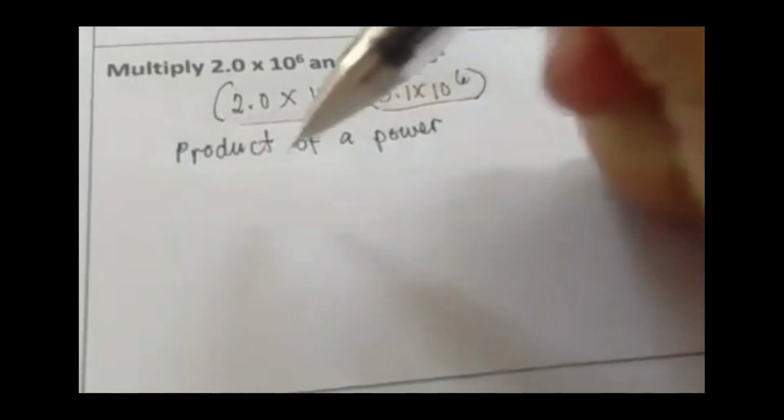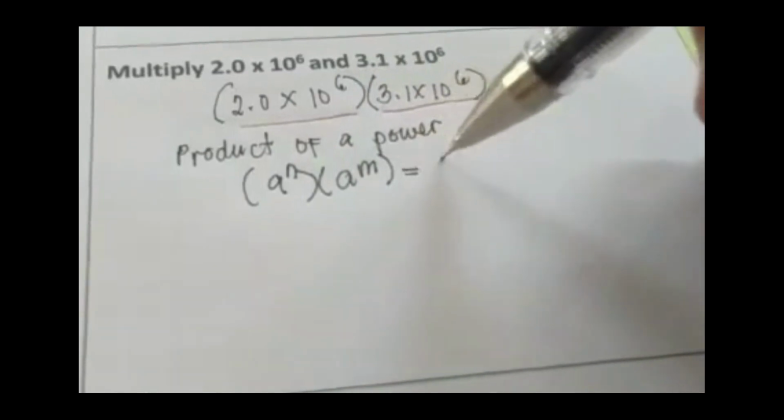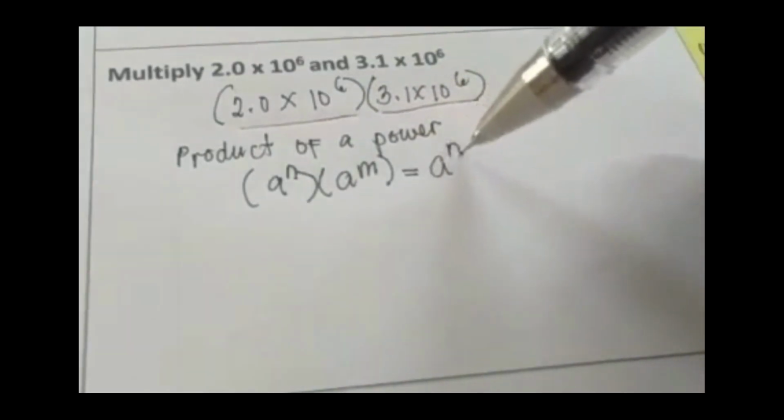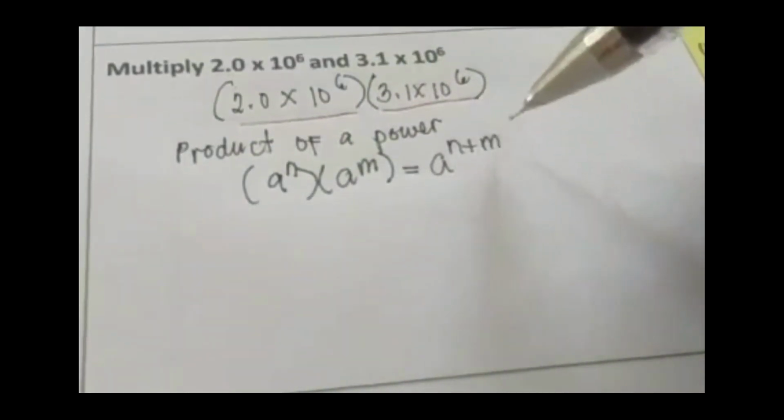Remember, when we multiply two scientific notations, we can apply the law of exponent, which is the product of a power. It is in this pattern: a to the power of n multiplied by a to the power of m is just equal to a to the power of n plus m.